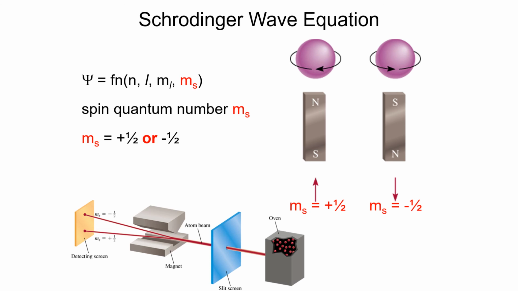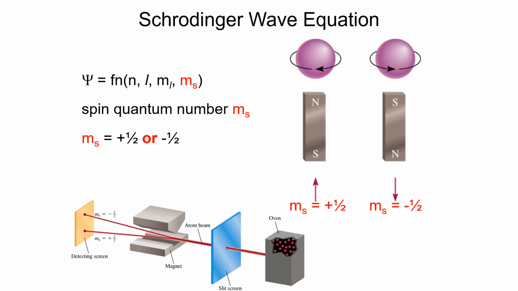These are electrons, so they're exciting these atoms. And there are magnets and a detecting screen. And depending upon the spin of that electron, it hits one of two spots on that detecting screen. So the electron of that hydrogen atom is deflected in one of two directions, depending upon the direction of that electron spin.